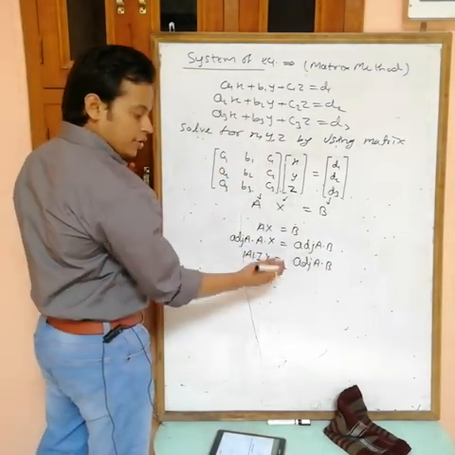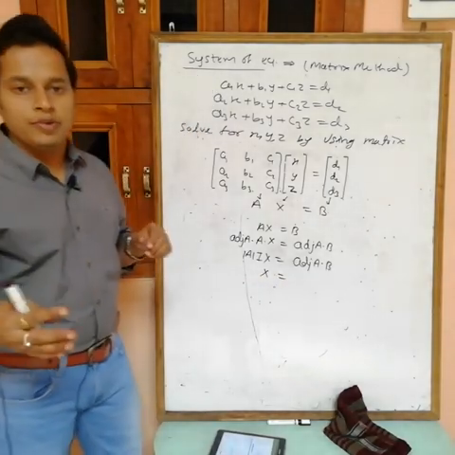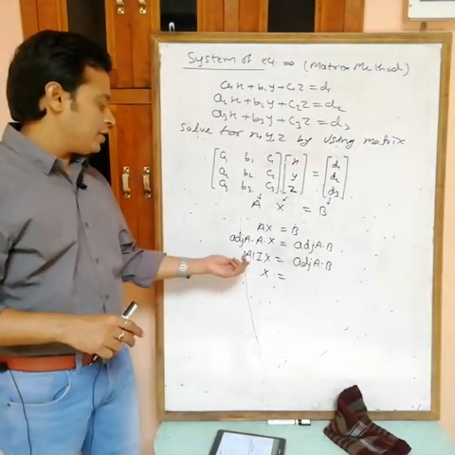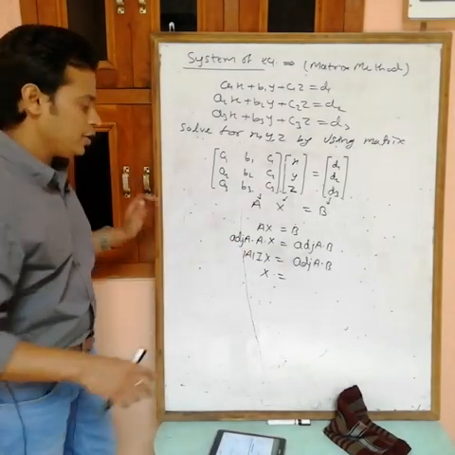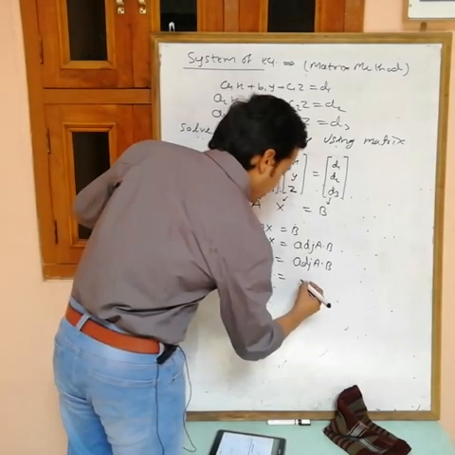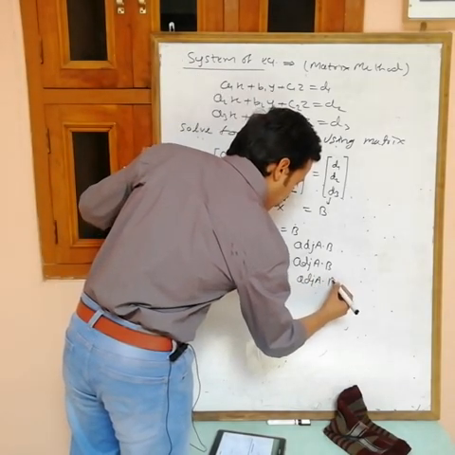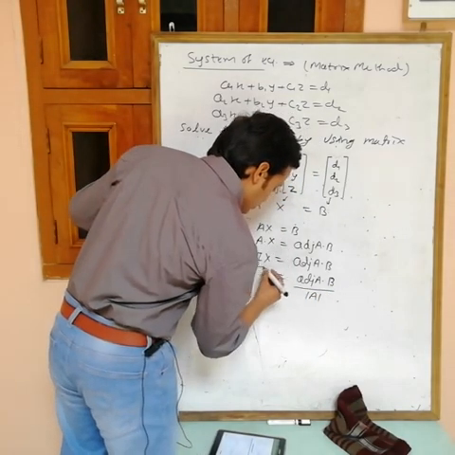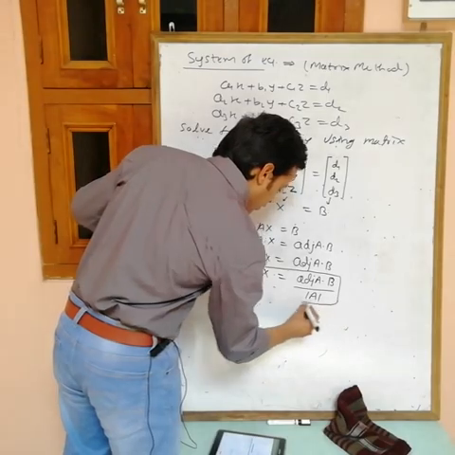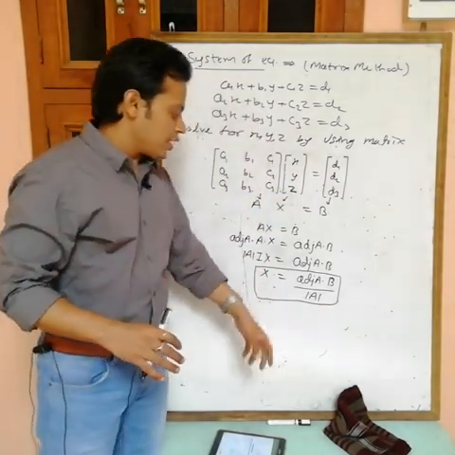Now I into X is equal to X, because I into any matrix becomes that matrix, and the determinant of A is a constant value, so I can divide by it. If you divide by the determinant of A, you will get X equals adjoint of A into B by det A. So this is the matrix containing the variables.